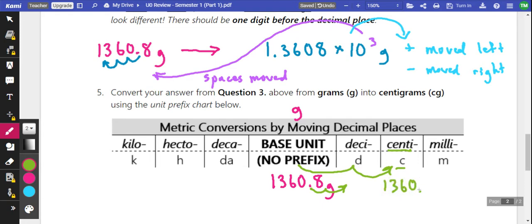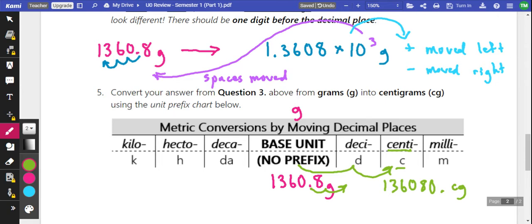So our answer is going to be 1,360. Oops. Well, we keep going. So really, it's not going to be that. We have the 8 and then the 0 after it, and then my decimal point ends there. So really, this is 136,080, and now my unit is centigrams. Again, I can't just call it grams because that number is totally different. But centi is talking about a smaller amount of grams.